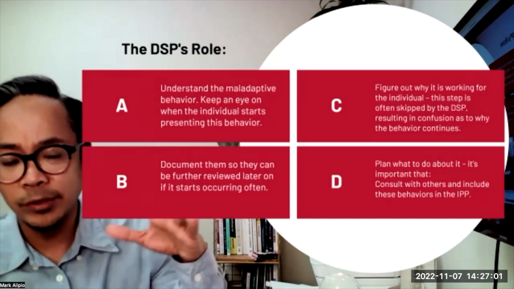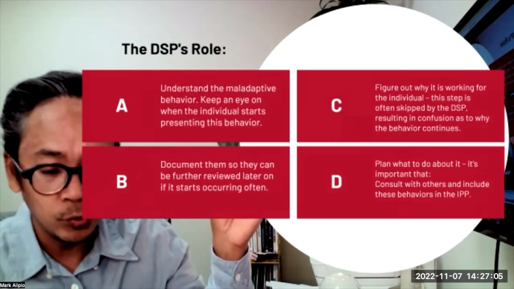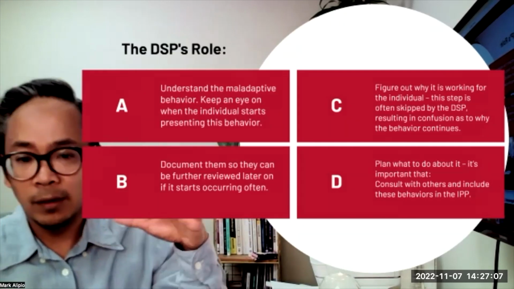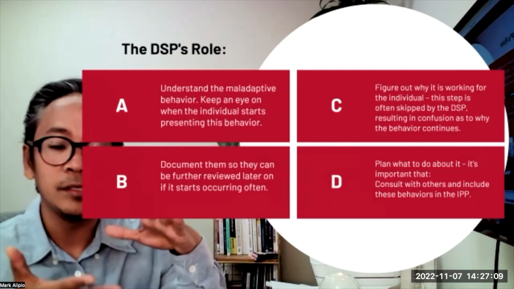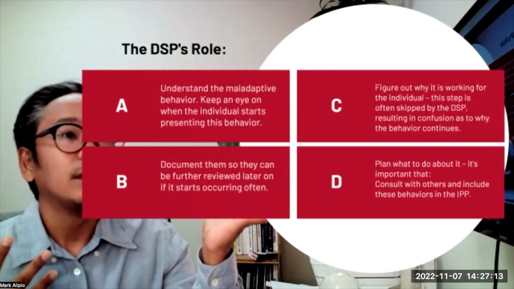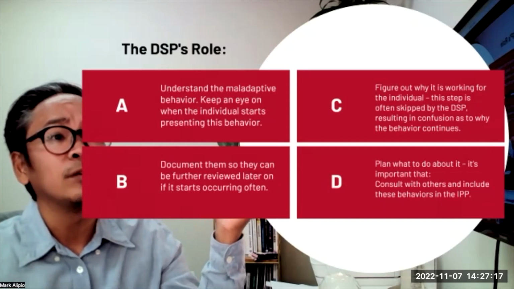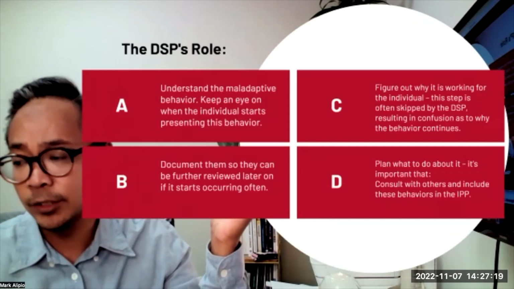So when we're looking at why it works for an individual, meaning why is he exhibiting positive behaviors, right? And so in this way, the step is often skipped by the DSP, resulting in confusion as to why these behaviors continue.